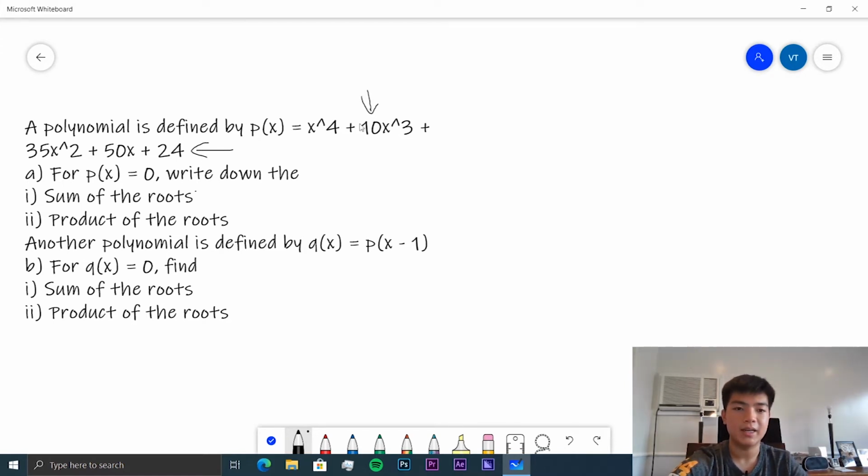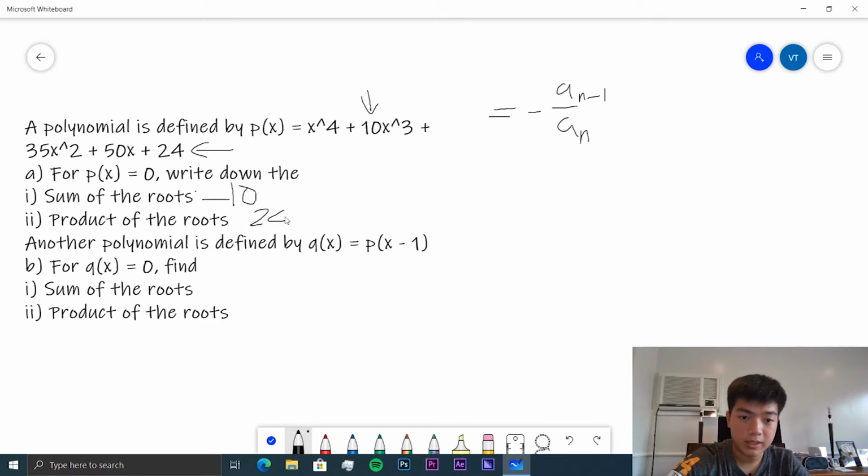Sorry, I'm being silly. So the sum of the roots is equal to negative b over a, where b is the second coefficient, or probably better to say a to the n minus 1 over a to the n. So that's equal to negative 10. And the product of the roots is simply equal to 24. It's just 24 divided by the coefficient of the first term, but since this has no coefficient, it's fine.